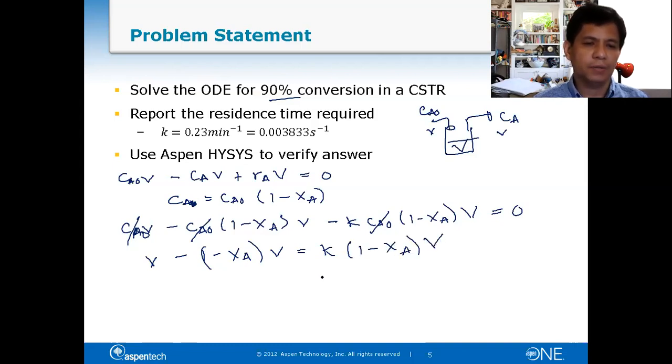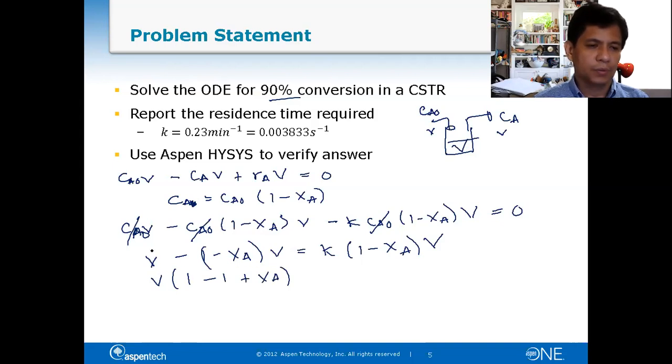Yung V na malaki, ano? Yung volume. So, kasi ang residence time natin ay V over v, we'll just factor this out. Kapag pinactor out natin yan, ang mangyayari dito sa term na to ay magiging na lang siya v(1 minus 1 plus XA).